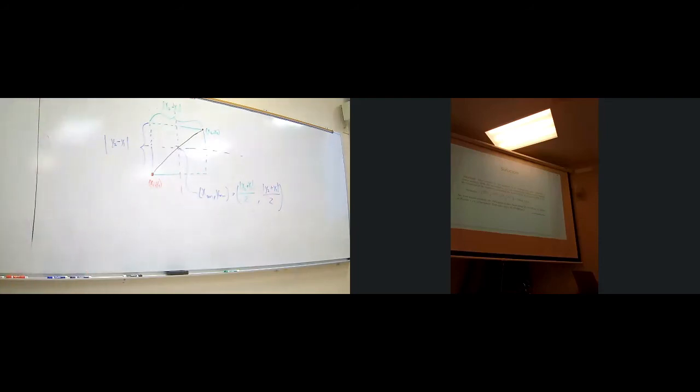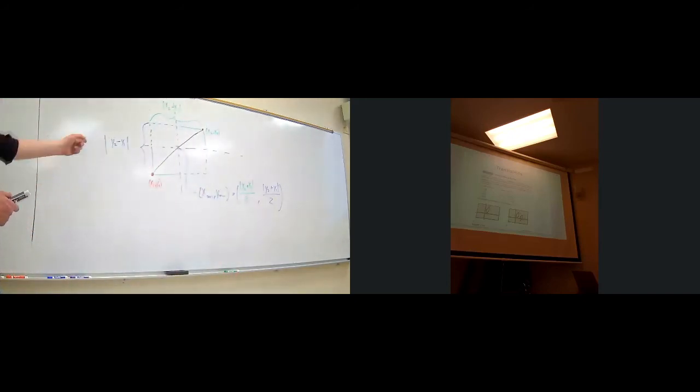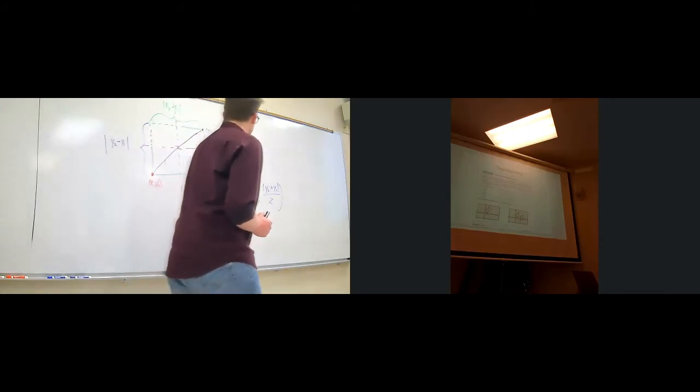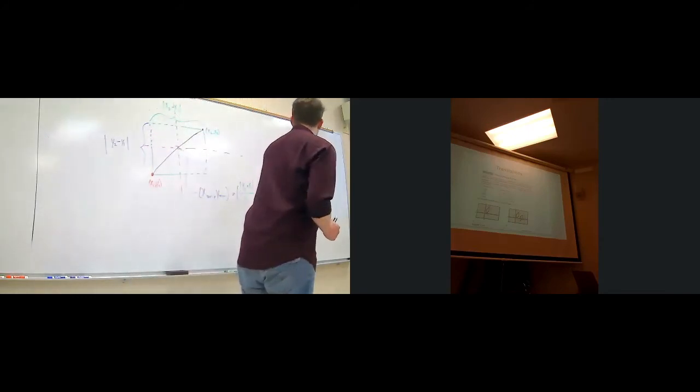And I'll talk a little bit more in just a second about transformations. Actually, I'm going to talk about it right now. Okay, so let's say we wanted to move this so that our midpoint was on the origin. Then what we would want to do is send this point to 0.